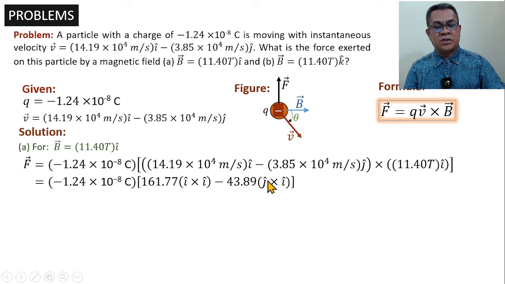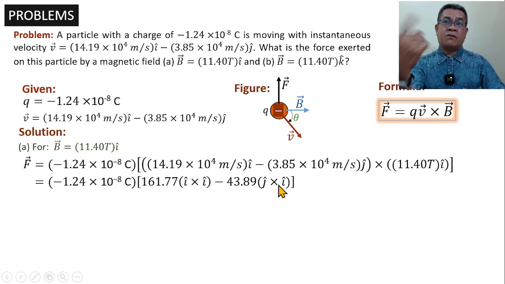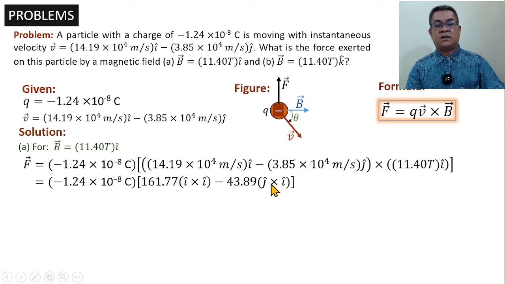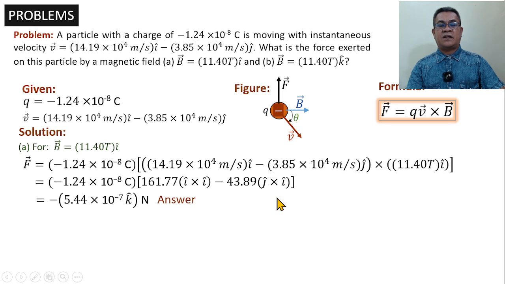We are very sure that the answer is k. But is it positive or negative? Look at the direction. This is clockwise. So for clockwise, it should be negative. So this is negative k hat. But negative k hat, this is negative becomes plus. But this is negative. So the answer is negative 4.5.44 times 10 raised to 7.